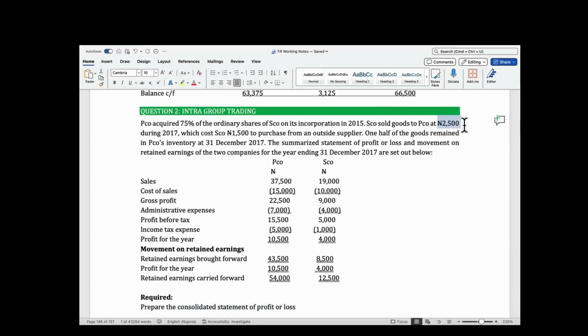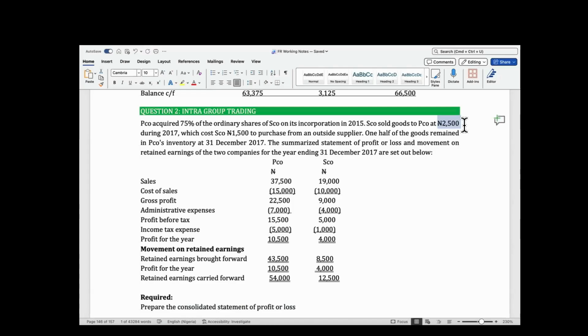So the major thing is that ESCO will have recognized these 2,500 as sales, while PICO would have also recognized these 2,500 as purchases in its cost of sales. We have to remove them.